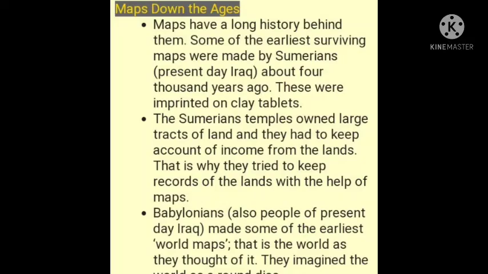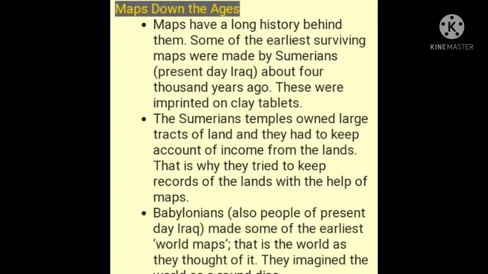Maps down the ages. Maps have a long history behind them. Some of the earliest surveying maps were made by Sumerians. Present day it's called Iraq. Identify Iraq in the atlas, in the world map.